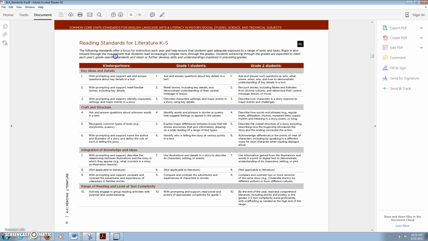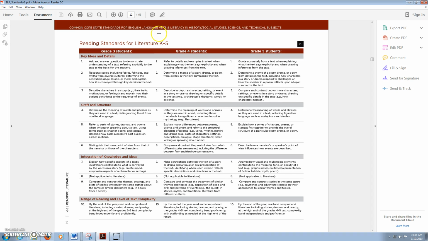So the document starts off with kindergarten, grade 1, and grade 2, but if you scroll down to subsequent pages, you are able to see the standards for grade 3, grade 4, and grade 5, and it works the same way. Like anchor standard number 1 is tied to standard number 1 for grade 4. So they're all related. So think of grade level standards as steps toward achieving the anchor standards specified at the beginning of the document.